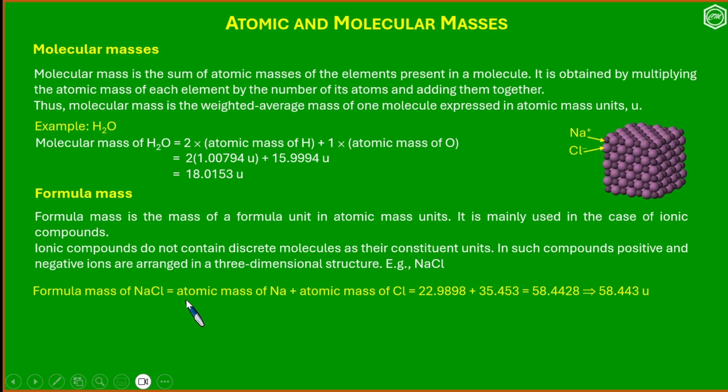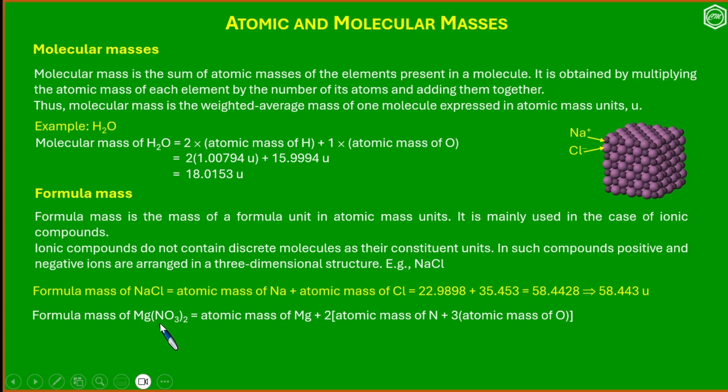Formula mass of sodium chloride equals atomic mass of sodium plus atomic mass of chlorine, that equals 22.9898, atomic mass of sodium, plus 35.453, atomic mass of chlorine, that is 58.4428 or 58.443 U.